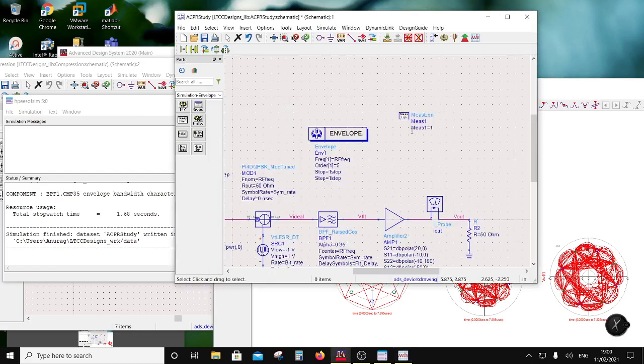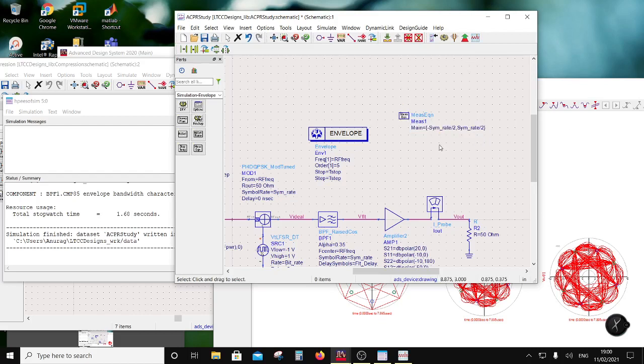Now here I am going to say that the main channel is an aggregate. The way you write an aggregate is in curly braces, and it will go from minus symbol rate by 2 to plus symbol rate by 2. Correct?